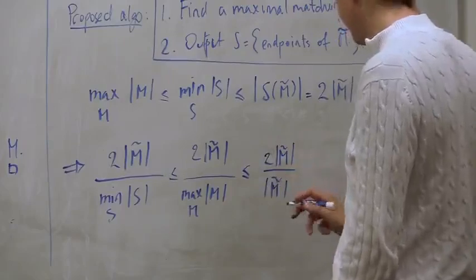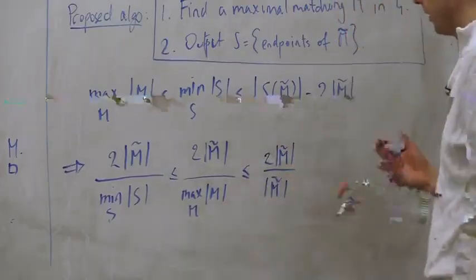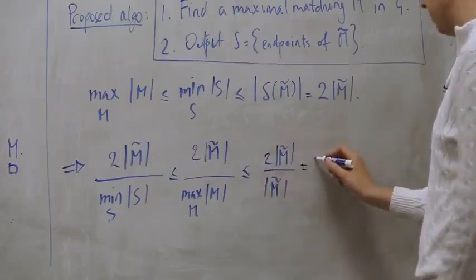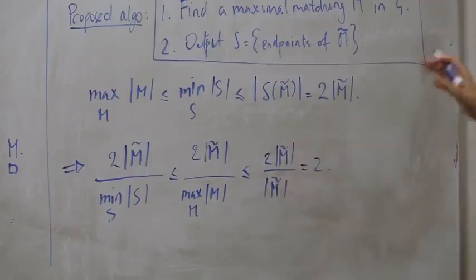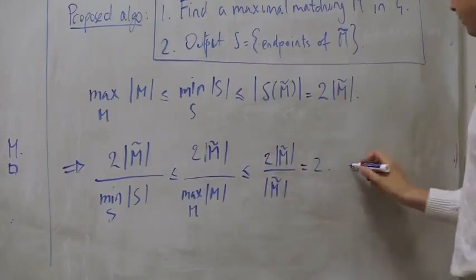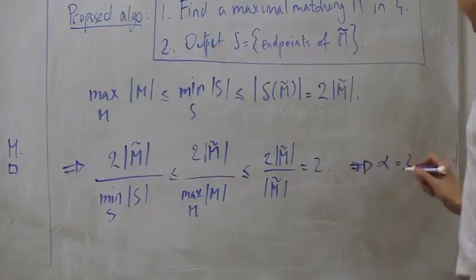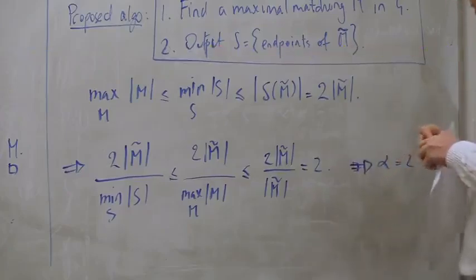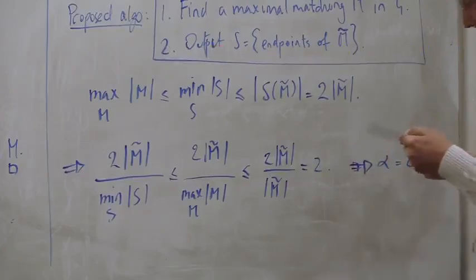The specific maximal matching that I found can only be smaller. So this makes this ratio bigger, and that's 2. So this proves that on every instance, our algorithm achieves an approximation ratio of 2. I mean, the solution is never more than 2 times away from optimal. Okay?